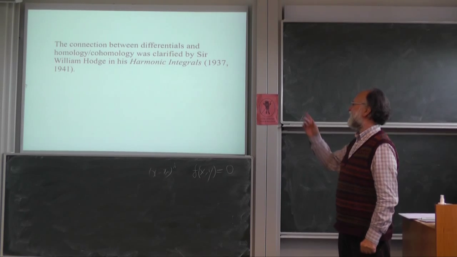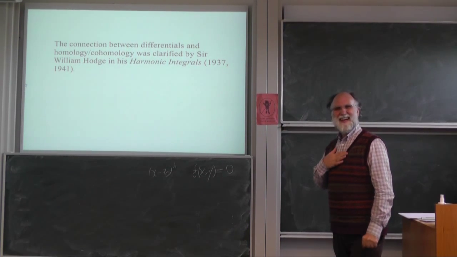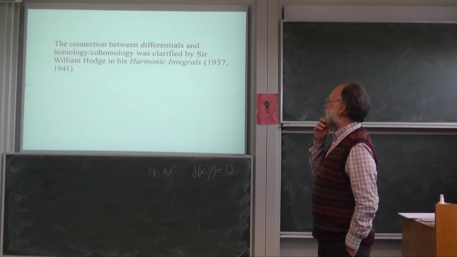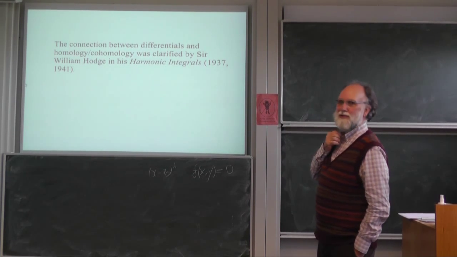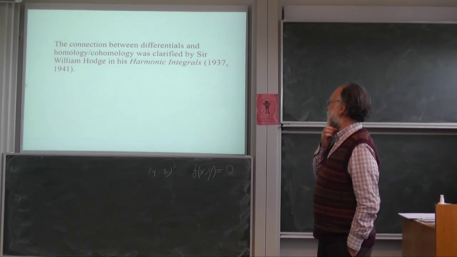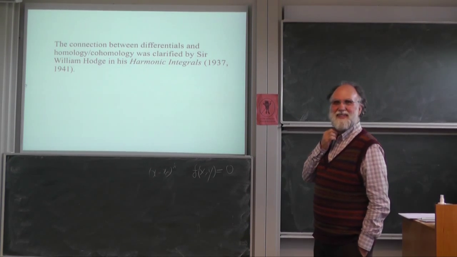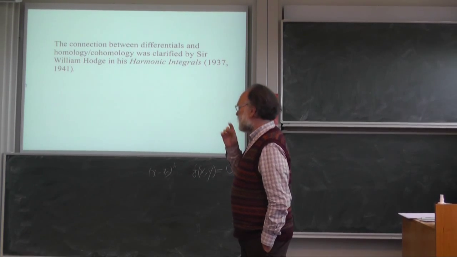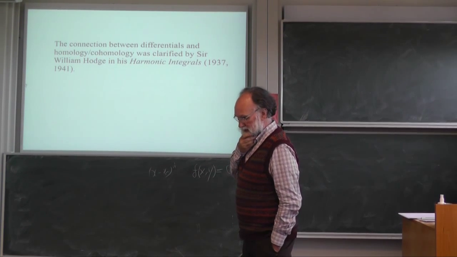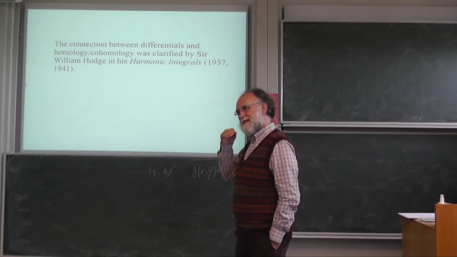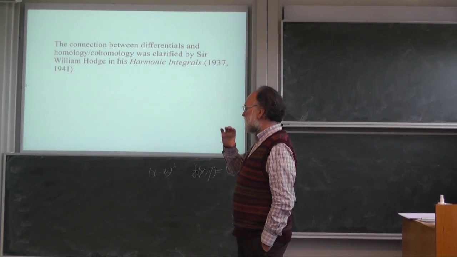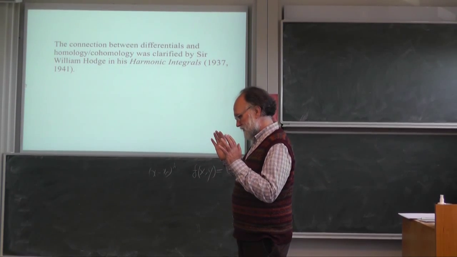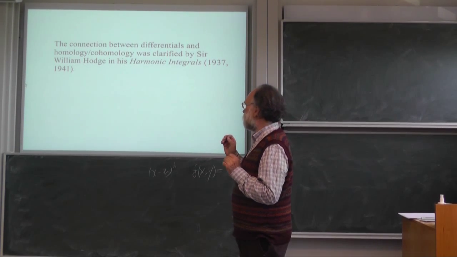And I wanted to make this point here, since we're in Edinburgh, that the method that Riemann uses was taken up by Sir William Hodge in his harmonic integrals. I should perhaps also say that Maxwell is the first person to really distinguish between vectors and covectors, and this is in the preliminary chapter in his treatise, and he is therefore thinking in a sense at the analytic level of homology and cohomology.